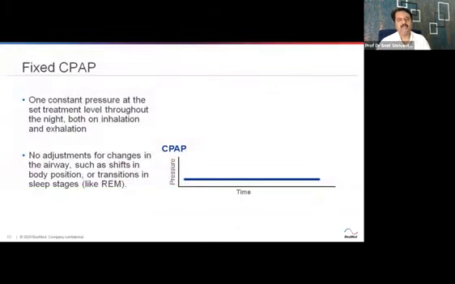So there are again two varieties. One is fixed CPAP, which gives a constant pressure level throughout the night. But we know that during sleep, the pressure and all those things change the lung parameters, and therefore it has to be variable.